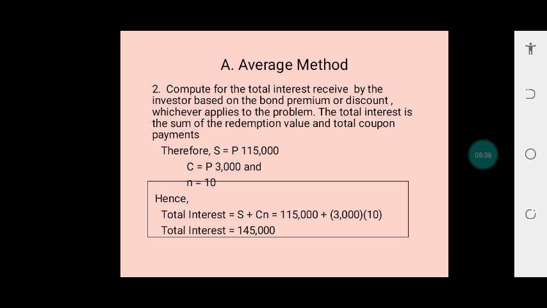Hence, the total interest is equal to S plus Cn, which is 115,000 plus 3,000 times 10. So the total interest is equal to 145,000.